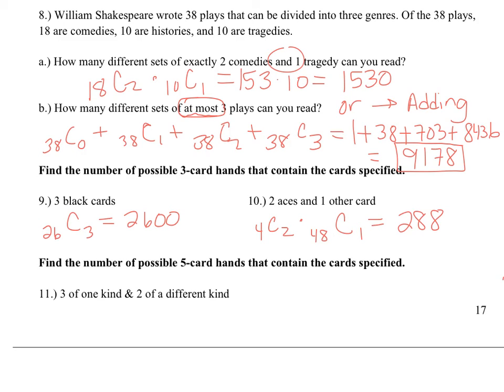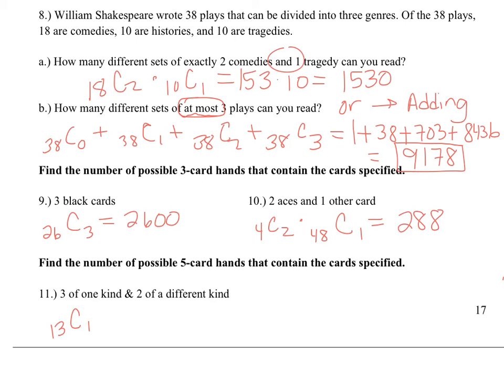Final example we'll do together. Find the number of possible 5-card hands that contain 3 of one kind and 2 of a different kind. Well, remember that kind means aces, 2s, 3s, 4s, etc. So there's 13 different kinds in the deck.